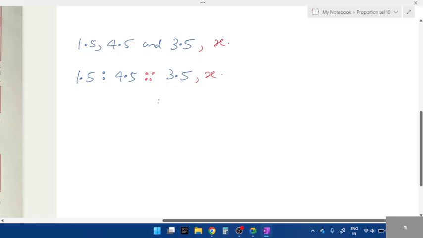Product of mean is equal to product of extreme. That is one thing. If not, convert this into ratio. How do I write it? 1.5 divided by, not x, just convert into ratio form, 4.5. Both have points, the same number of points, right? Okay. How do you remove that, student? When you remove and write it, what do you write?